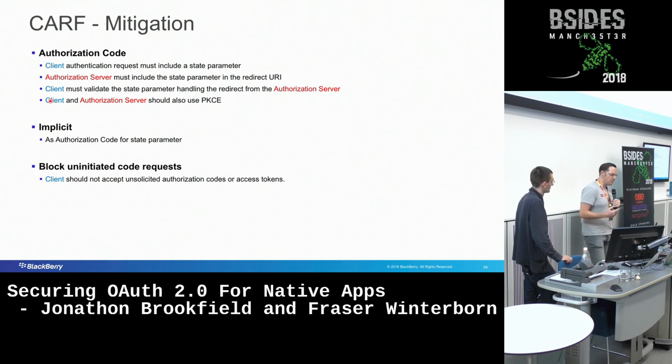The other thing that a client can do to partially mitigate this is to not accept unsolicited authorization codes or access codes. While it won't mitigate it completely, it reduces the window, so it becomes then a race between the attacker and the user whenever they're performing an authorization request.